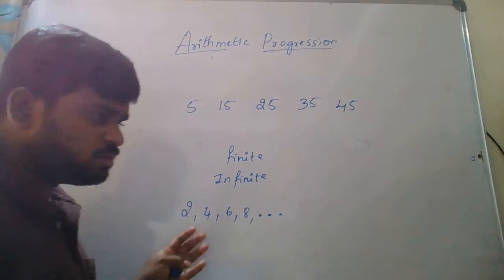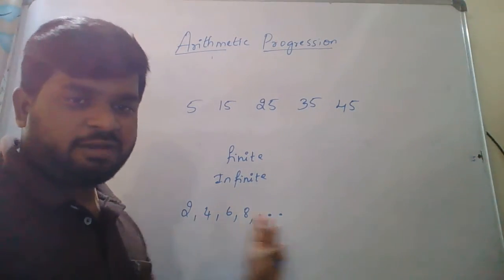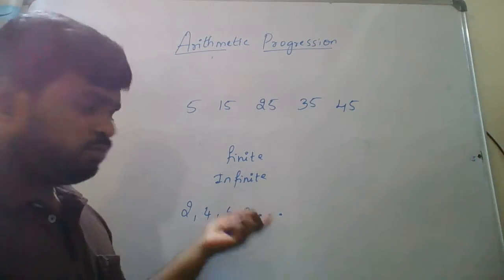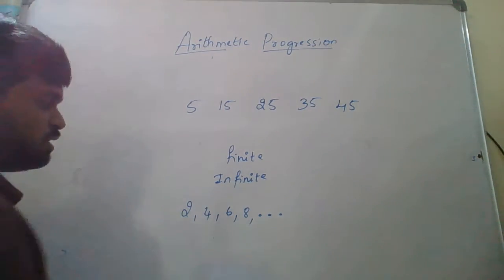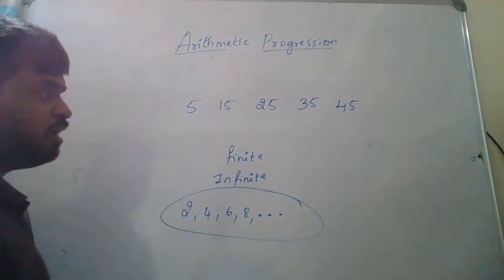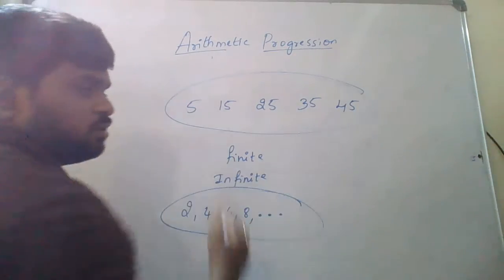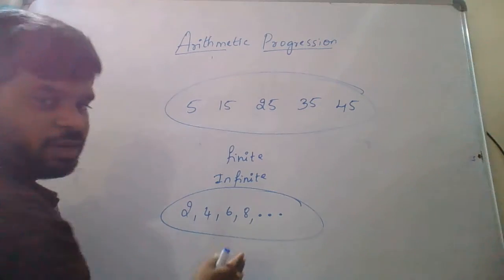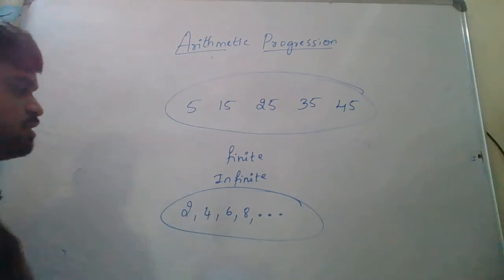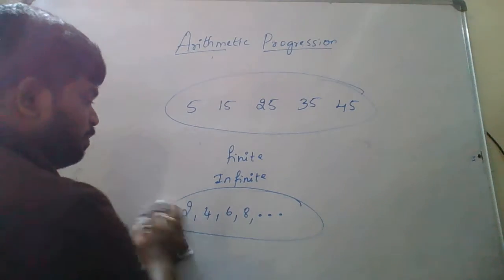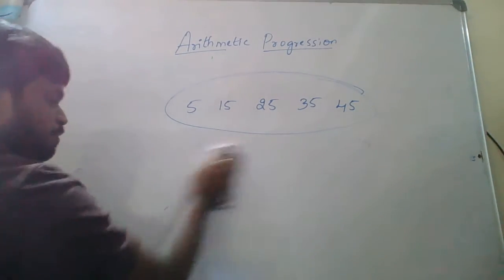Meaning what? It keeps going. I cannot write everything. So indirectly I am just mentioning it keeps going on. So these kinds of APs are infinite, and these where it stops are finite. Okay, these are the two different types of AP, finite and infinite.